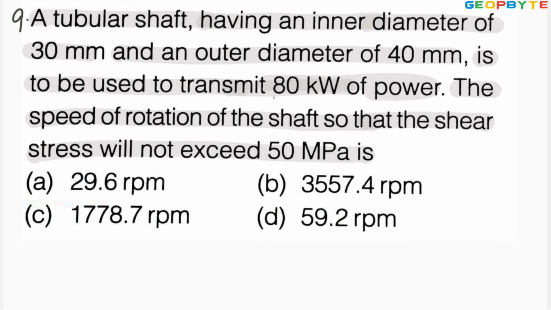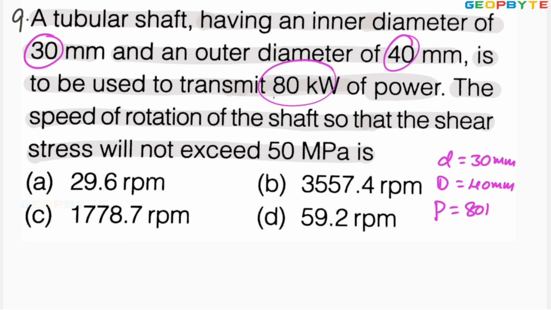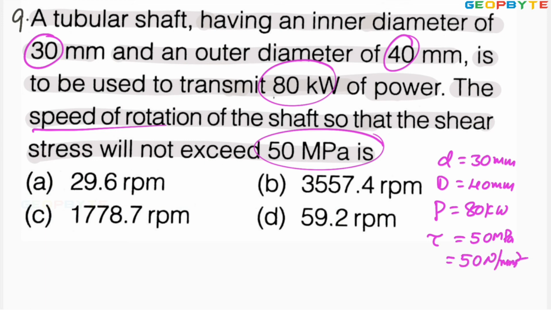Here the given data is, inner diameter small d equal to 30 mm, and the outer diameter equal to 40 mm. Power transmitted P equal to 80 kilowatt, and you are asked to find the speed when the shear stress tau equal to 50 megapascal. The same value you can write in Newton per mm square, 50 Newton per mm square.